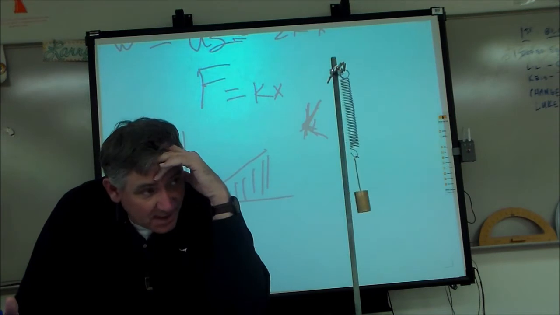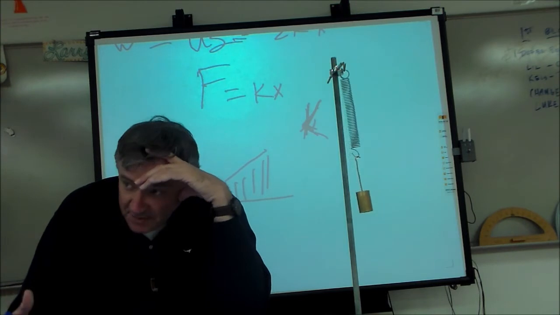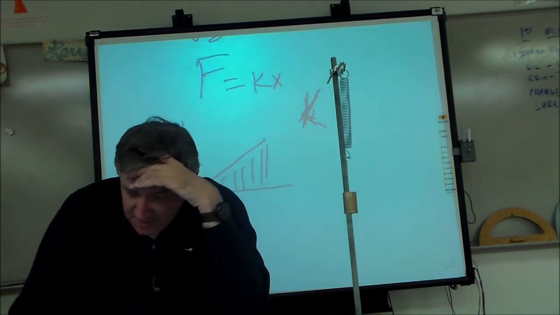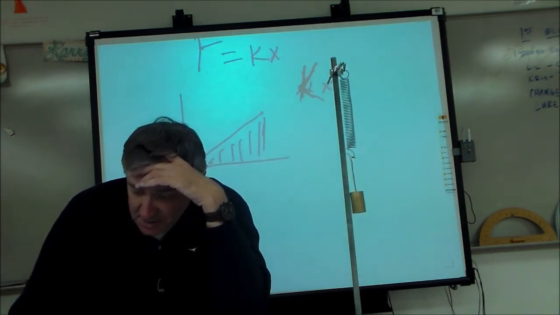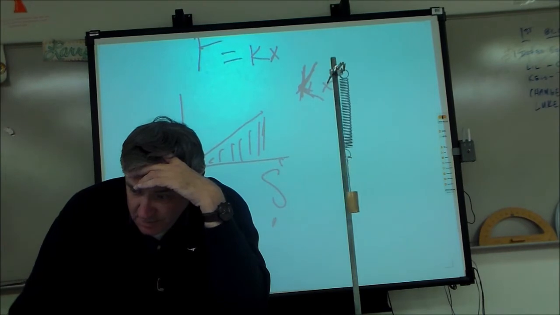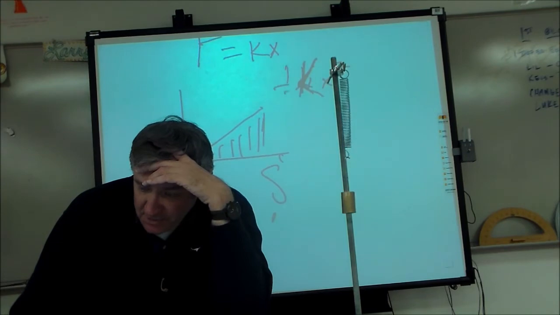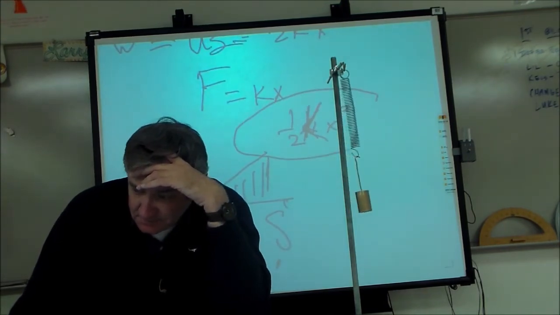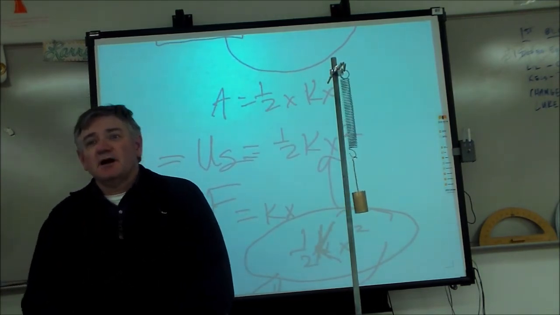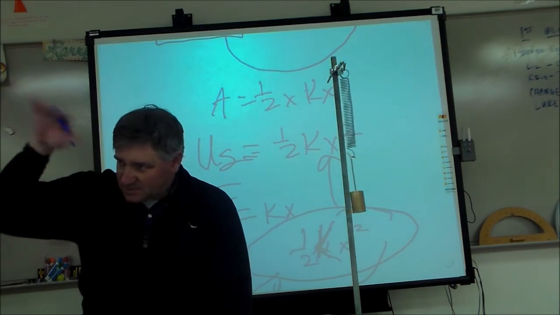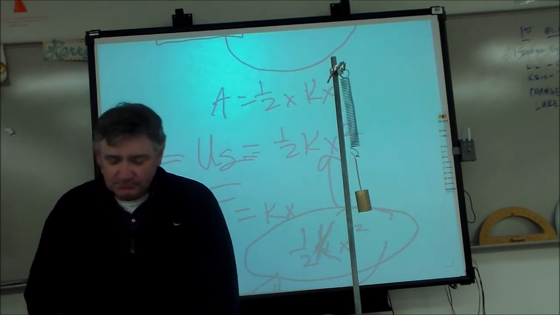I say integral. That's right, because you want to find the area underneath that line. So if you look at this and go, okay, well that's kx, which is going to define that function, then if you do an integral, you raise that to the second power, and then you put a 1/2 out in front of it. You end up with the exact same thing, 1/2 kx squared, because it's a sloping line. So there's your application to calculus, okay?